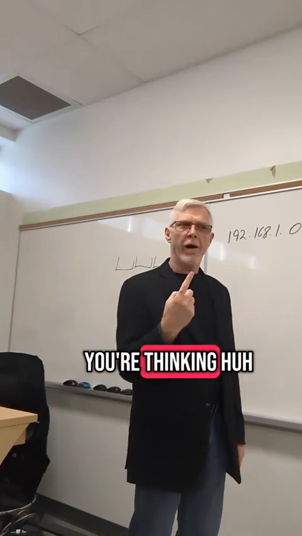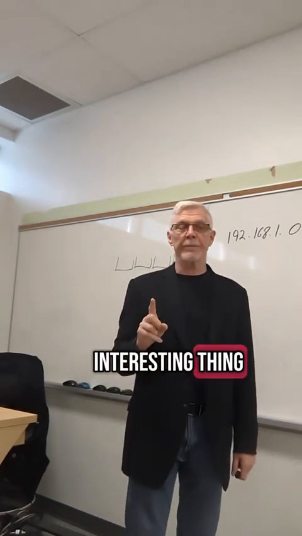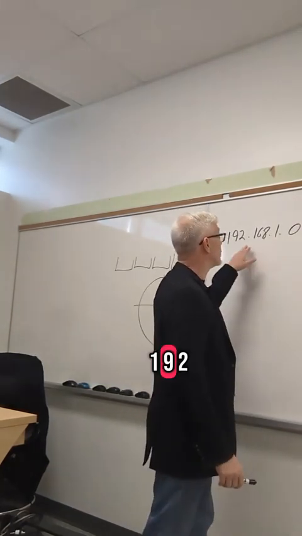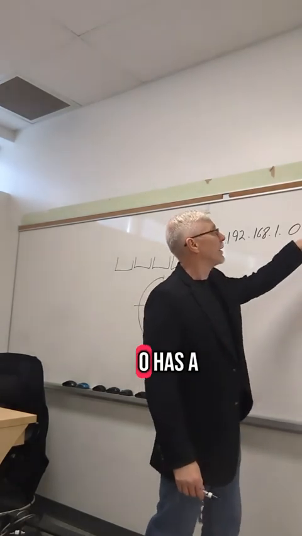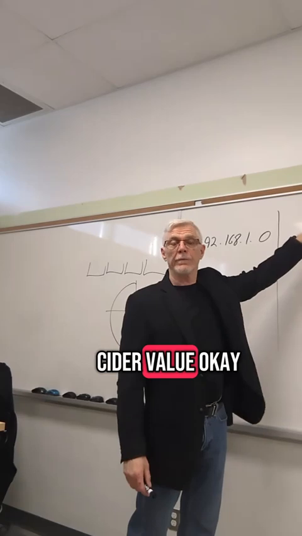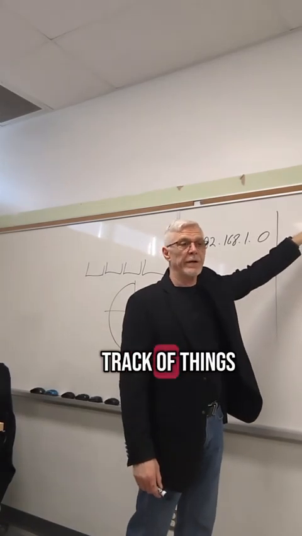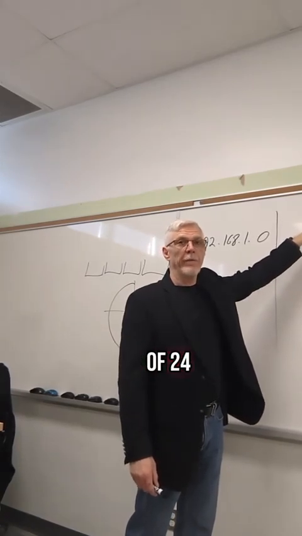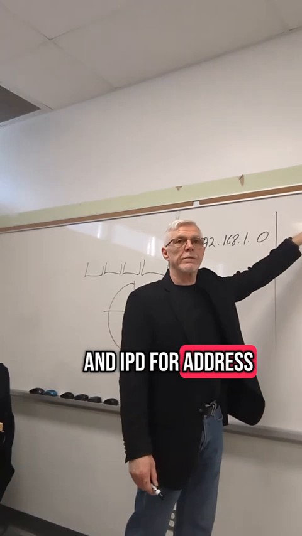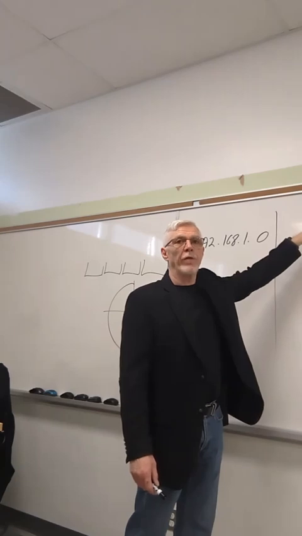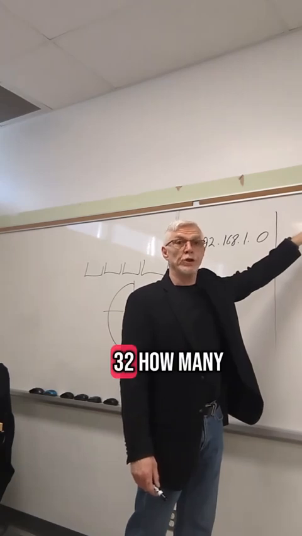I know what you're thinking, huh? Well, here's an interesting thing. 192.168.1.0 has a CIDR value, okay, CIDR is the way we keep track of things, of 24. You know what that means, Tristan? How many bits in an IPv4 address? 32.